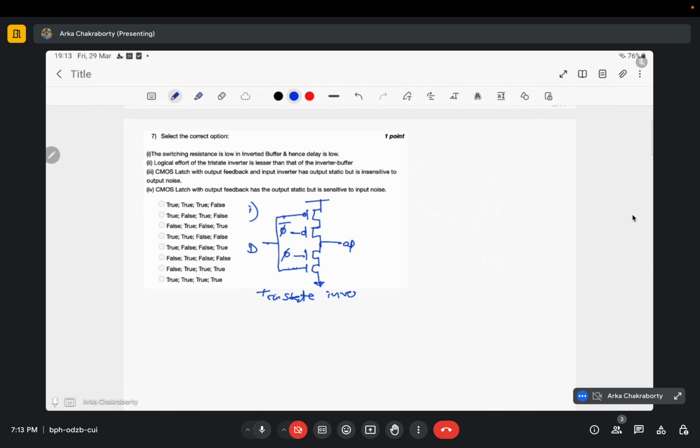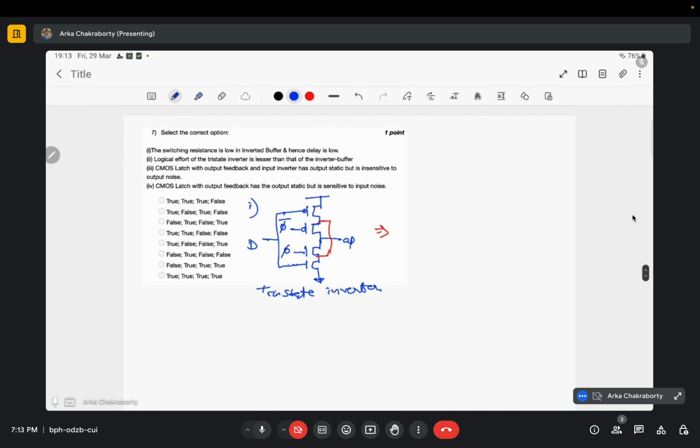Now, how to convert this tri-state inverter into an inverted buffer is simply connect these two nodes. Okay, so if I connect them, it will become something like this.